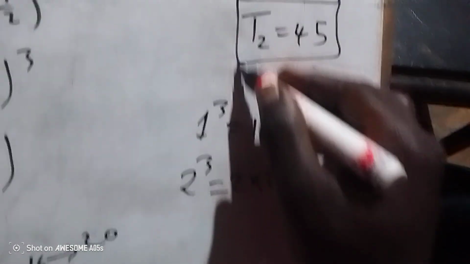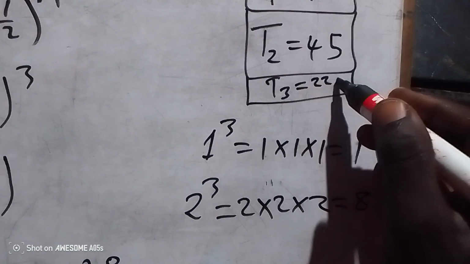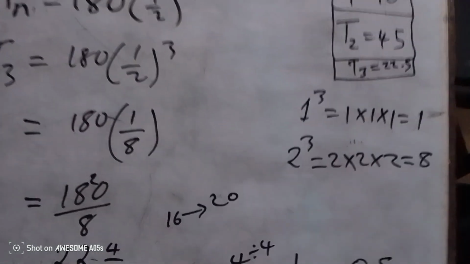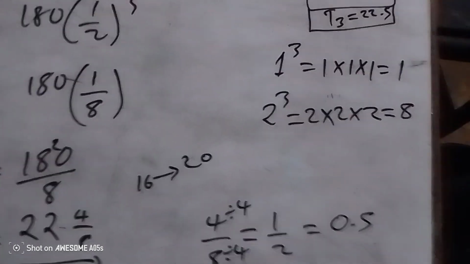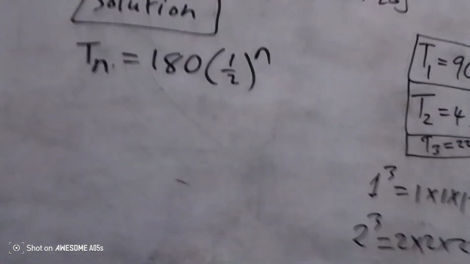So that's how we get T3 as 22.5. From there, we can summarize or present our answer.